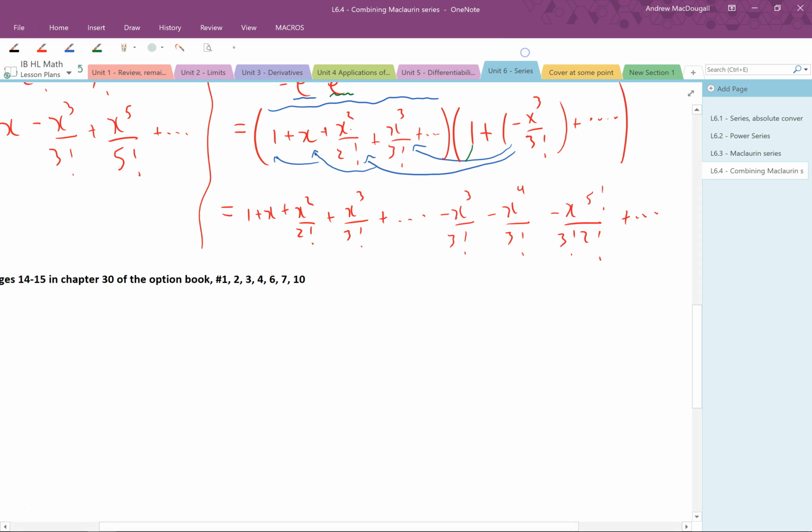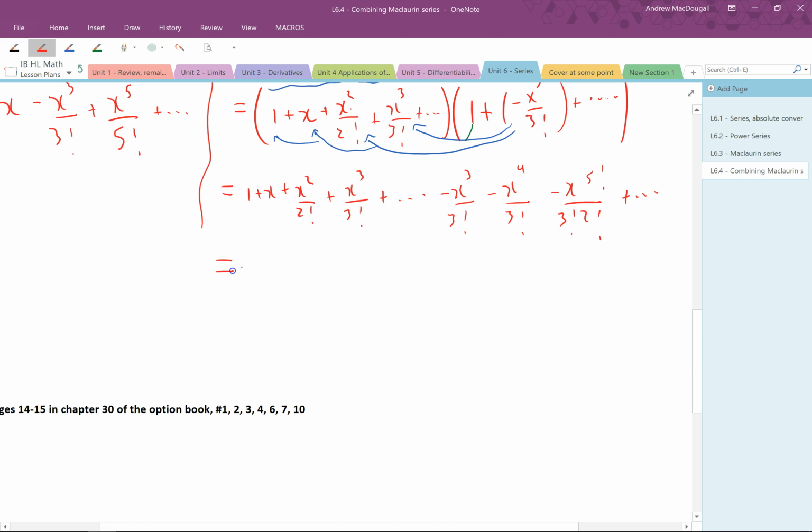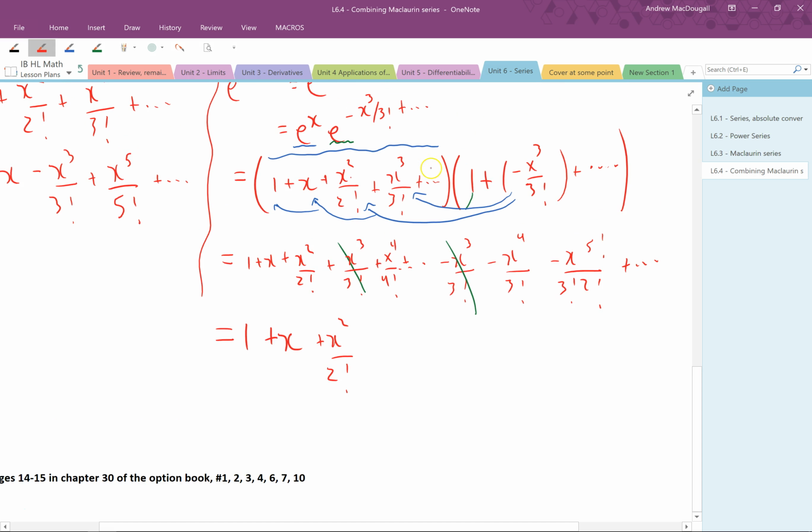Sorry, I'm just trying to give myself some more space here. Okay, so this is going to be, let's see, 1. There's only one x term. There's only one x squared term. Ooh, look, these cancel out. That is pretty nice. And so I need all the x to the 4 terms, so I should have gone one further. My original would be x to the 4 over, that comes from this.